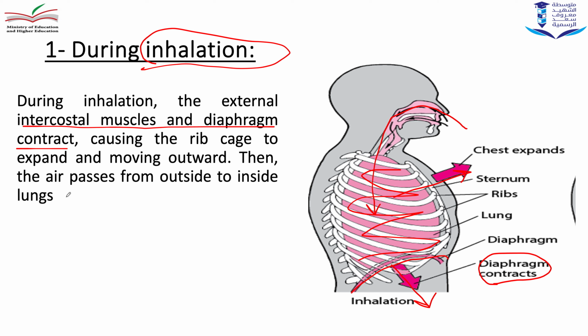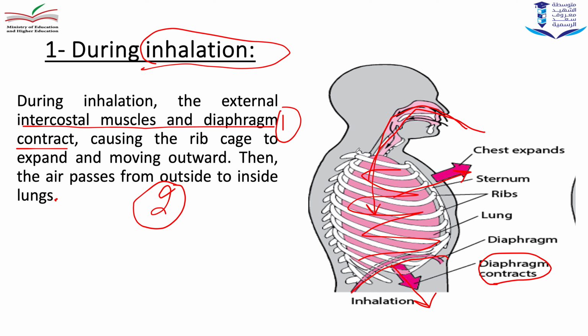And this causes the air to pass from outside to inside the lungs. That is why the air enters. The first step is the muscles, and the second step, the result, is the passing of air from outside to inside the lungs. So if I have a problem in these muscles, I will have a problem in the entering of air into the lungs.